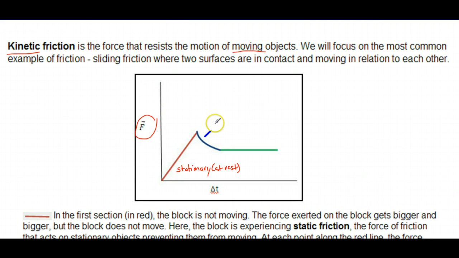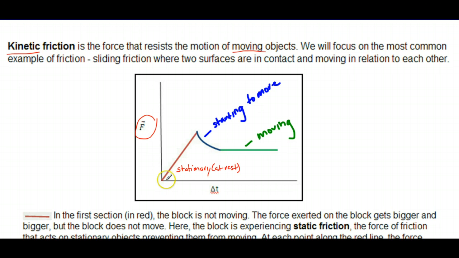Starting to move. And the last part in green is moving. And this is what happens to the amount of force that's required to get something in these states continuing to move or to start moving.